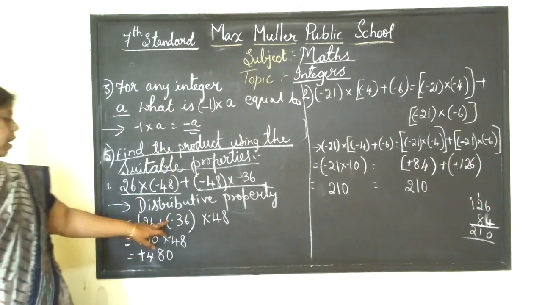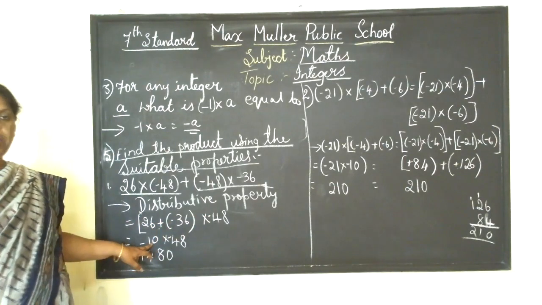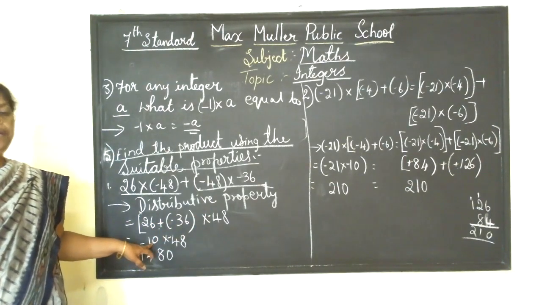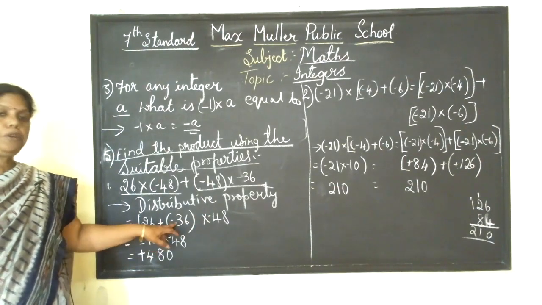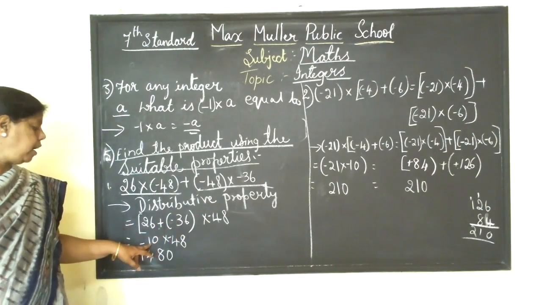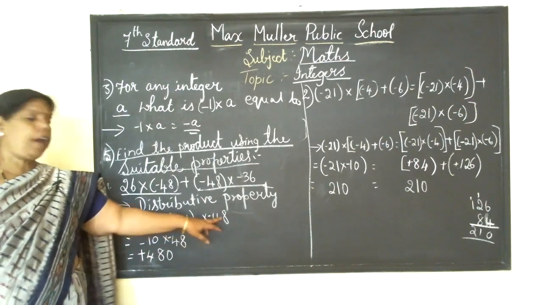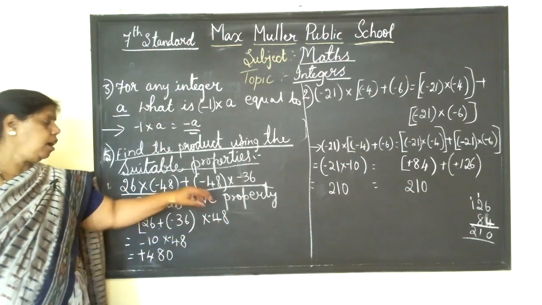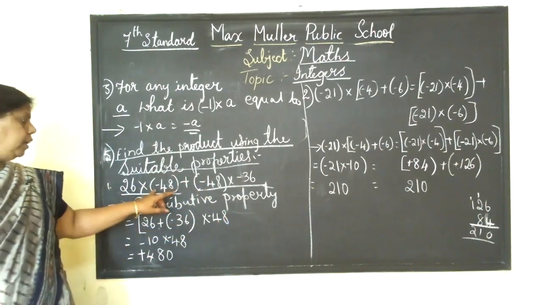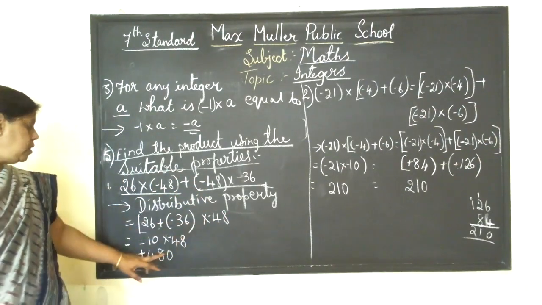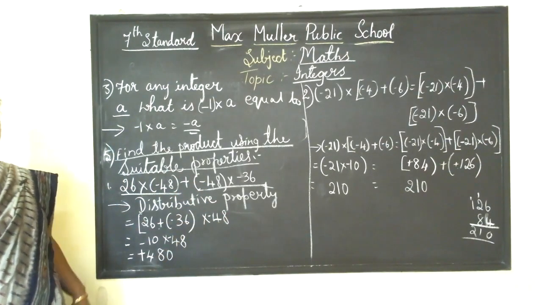See here, what we did? Plus into minus, we added and we subtracted. We saw the difference here. Into minus 48. Together we have taken one, so minus 48. Right.